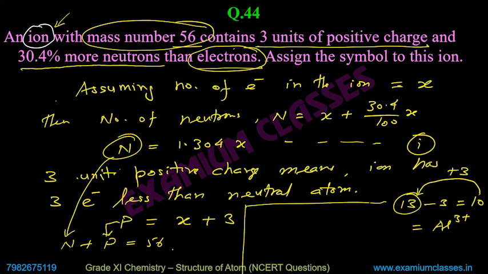You will get n is 1.304x and p is x plus 3, equals 56. You need to solve it to get the answer. 56 minus 3 will be 53. So x actually will be 53 divided by 2.304.